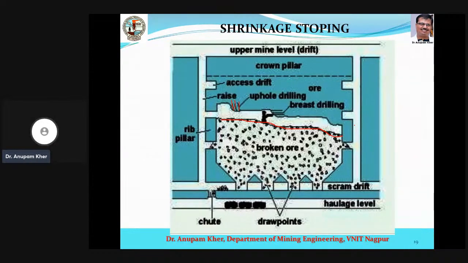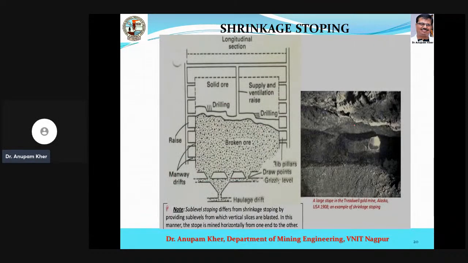Don't classify it as a supported method, because the purpose of this broken ore kept inside is not to support the walls, but just to create a working platform to reach the crown pillar from the lower level. Okay, so this is the way that you can see that the broken ore is removed.